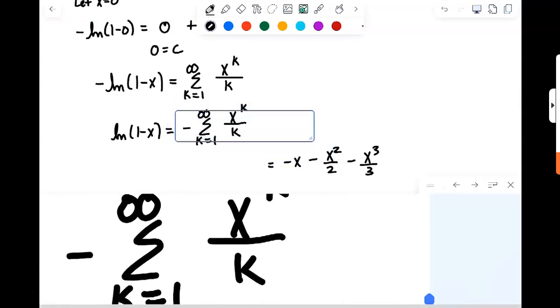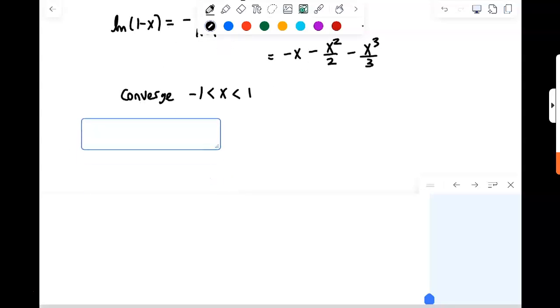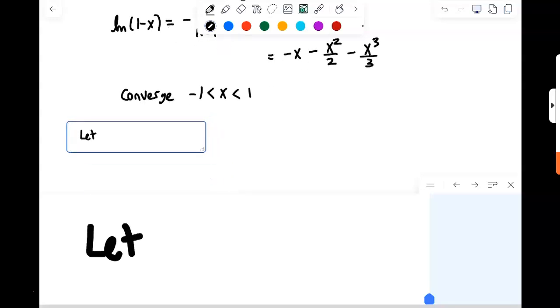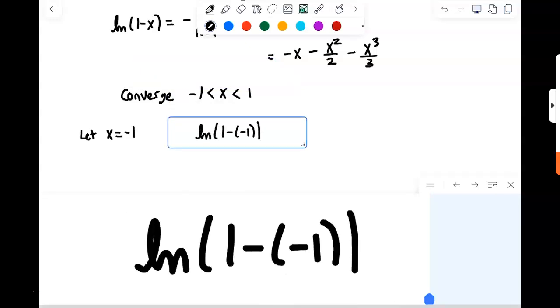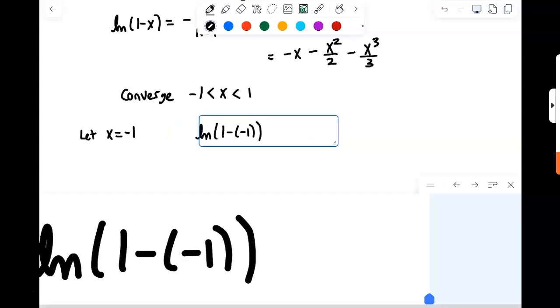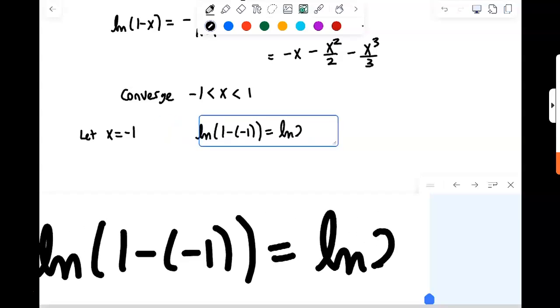Real quick, a little note. If we let x be negative 1 in this series, then on the left-hand side of this equation, you would have ln of 1 minus negative 1, which would be ln of 2.